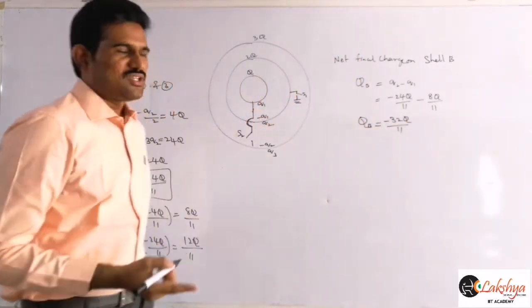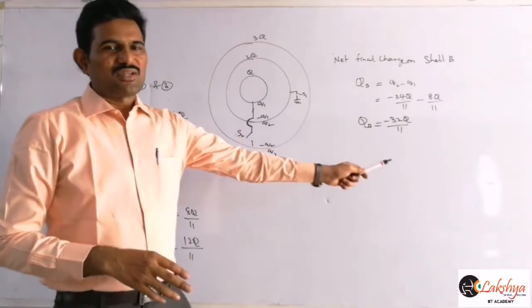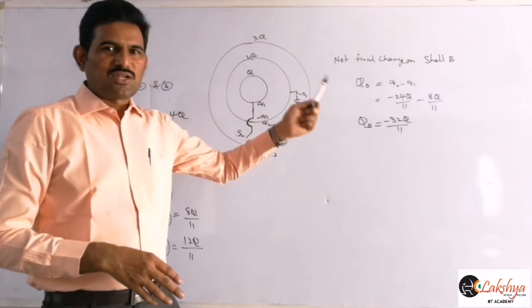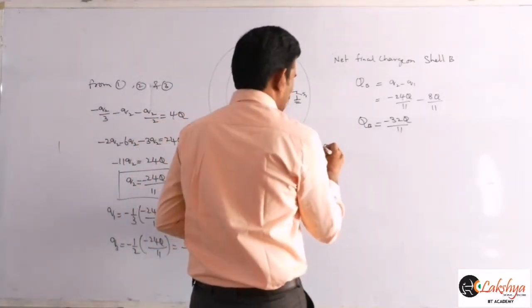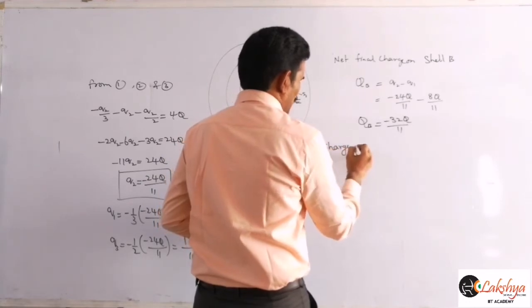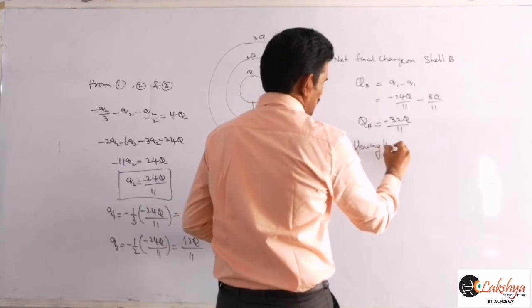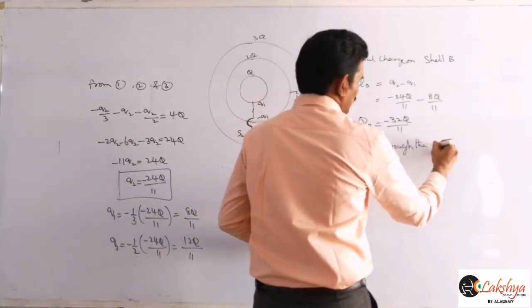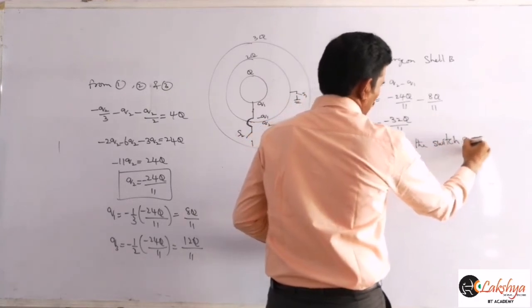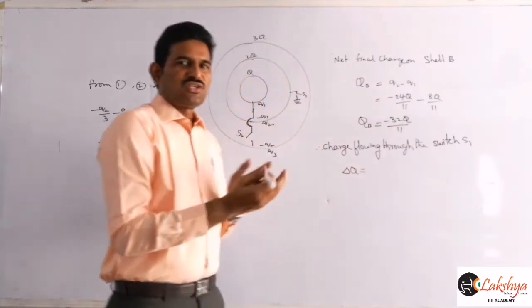Now the charge flowing through the switch is the difference between the initial charge and the final charge. Initially 2Q is there, and finally this amount of charge is present here. So the charge flowing through the switch S1 will be delta Q, the difference between initial and final charge.